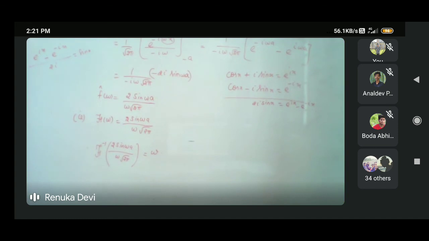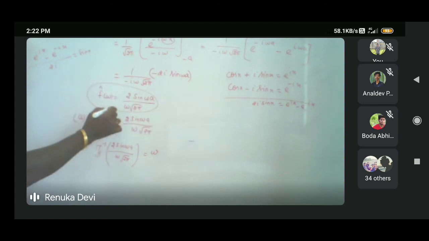And what is the Fourier inverse transform? In the last class we have stated it by definition. Which one is called the inverse transform? This is your f cap.